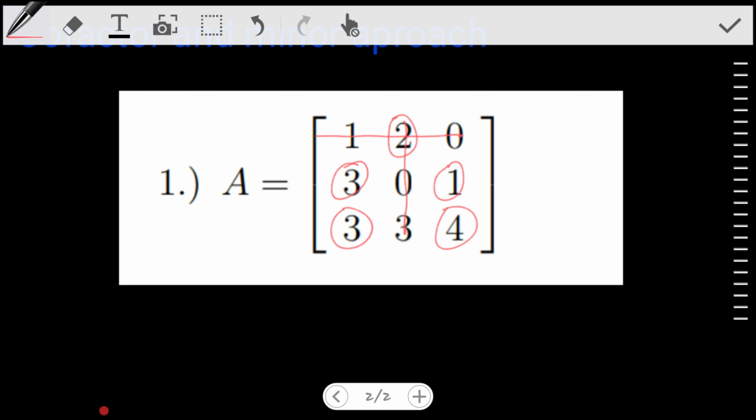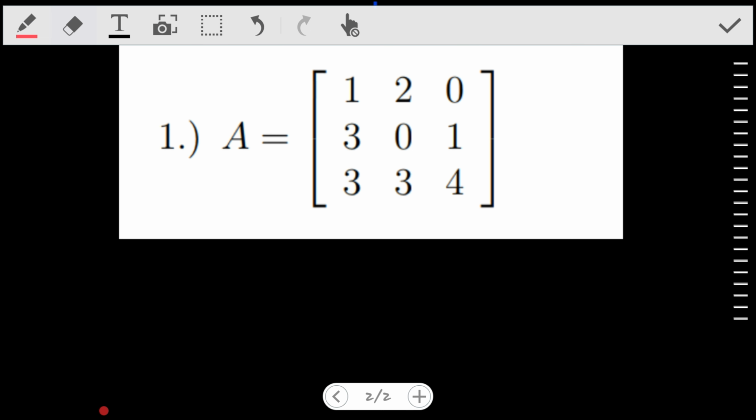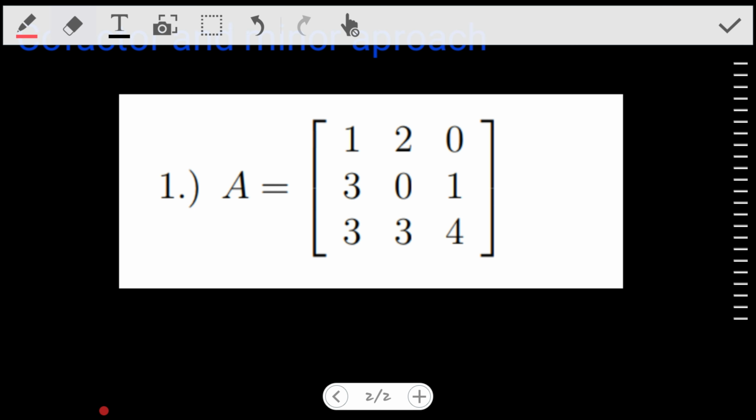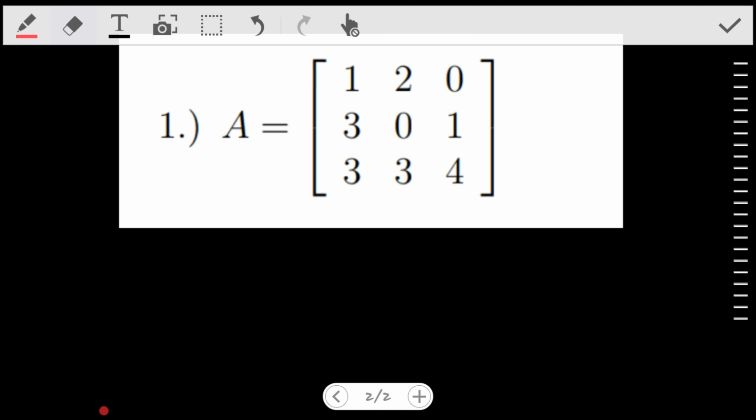Now let's see it in the working. If I am to determine the cofactor of 1, how am I going to go about it?